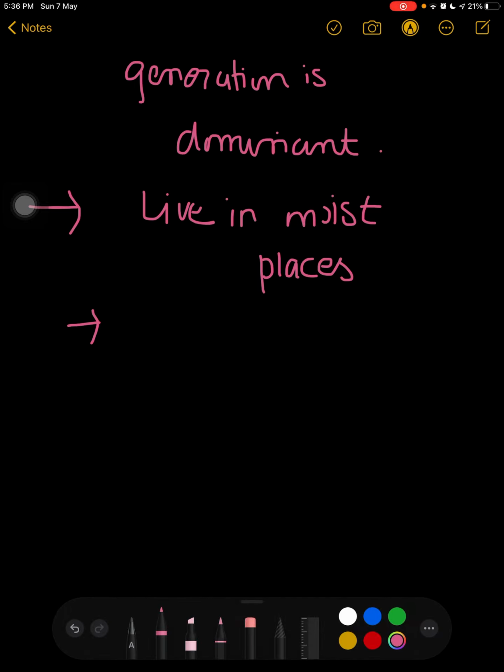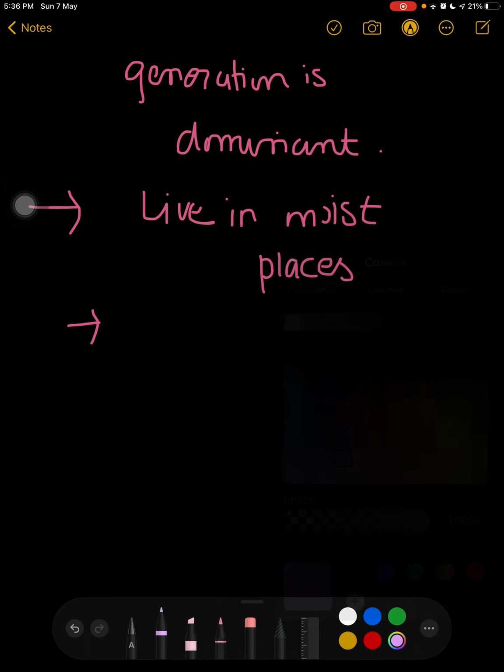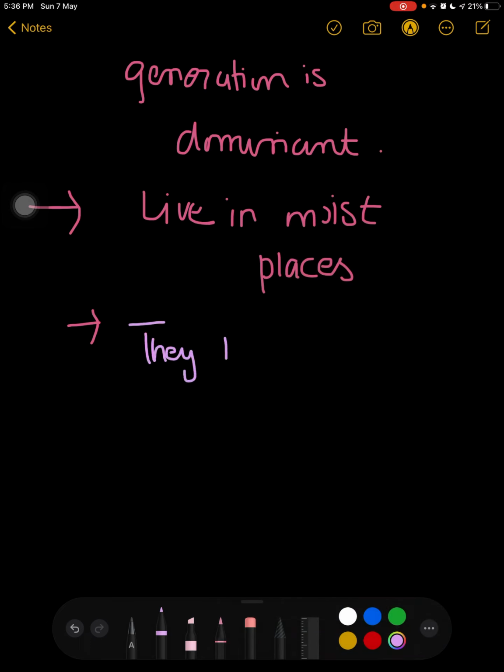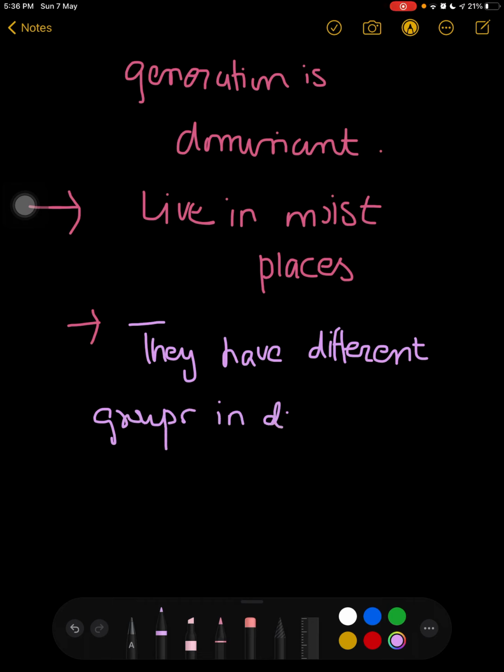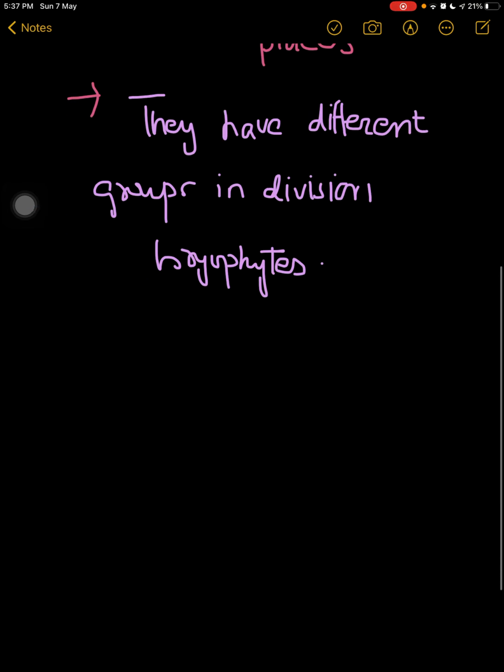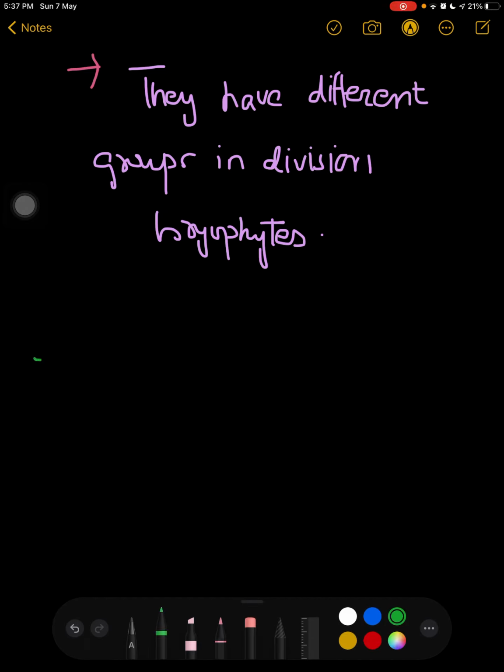They have different groups in the division bryophytes, and they lack a true stem.